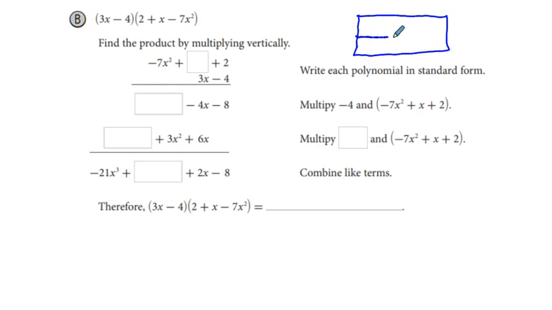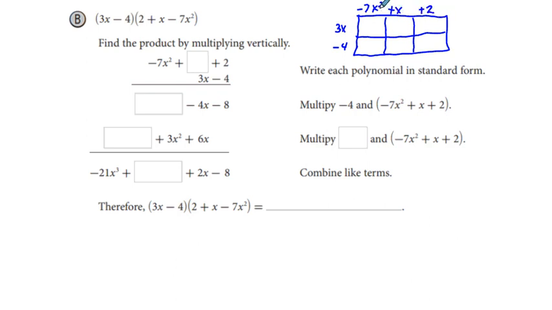And this box method seems like a pretty understandable way of multiplying a binomial, in this case 3x minus 4, by a trinomial. Now I'm going to put this trinomial here in standard form, negative 7x squared plus x plus 2.